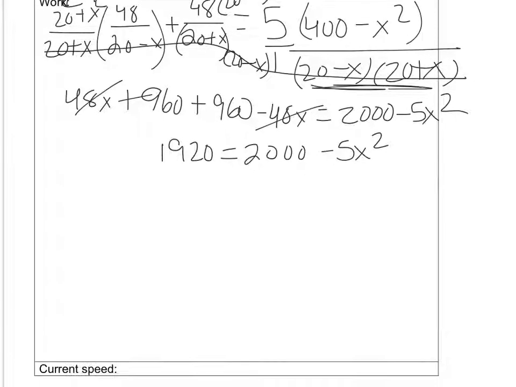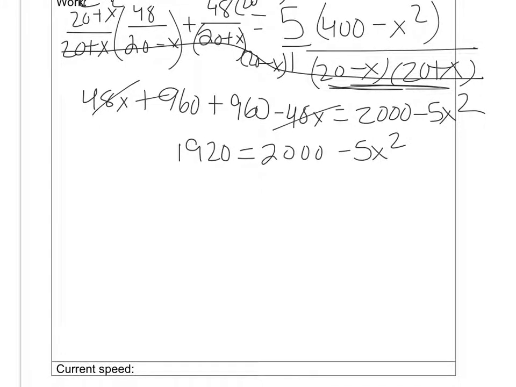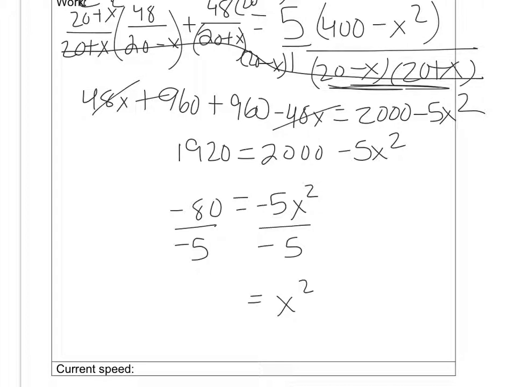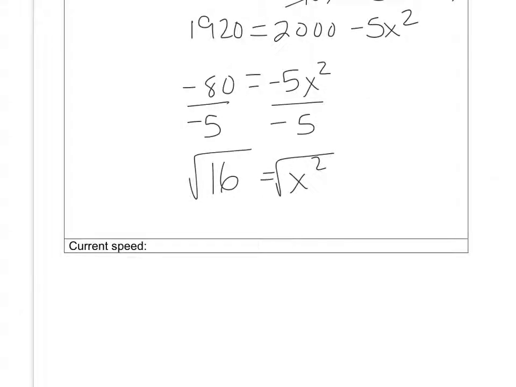Subtract the 2000, so you'd get negative 80 equals negative 5x squared. Divide by negative 5. You get x squared equals 16. Square root. So you get x equals 4. So the current speed is 4 miles per hour. Okay? Let's take a look at some more.